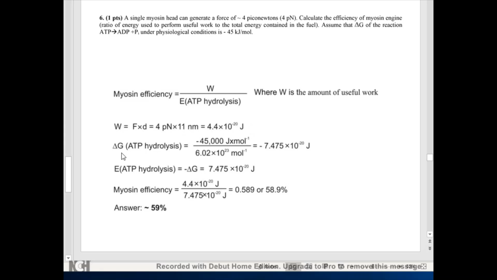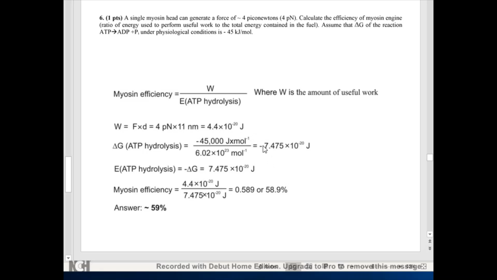Okay. Now the ATP hydrolysis energy is given per mole, negative 45 kilojoules per mole. So I'm converting kilojoules into joules, dividing by Avogadro's number, and getting the available energy per 1 ATP hydrolyzed. Okay, and now what I need to do is just divide these two numbers.